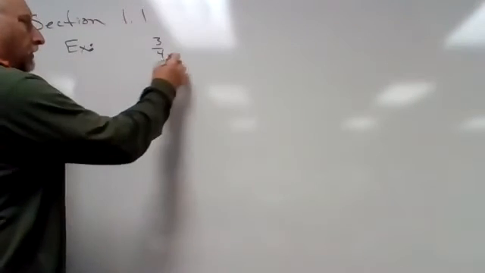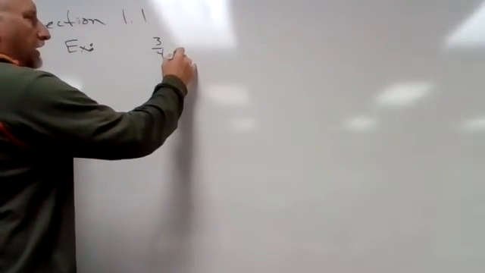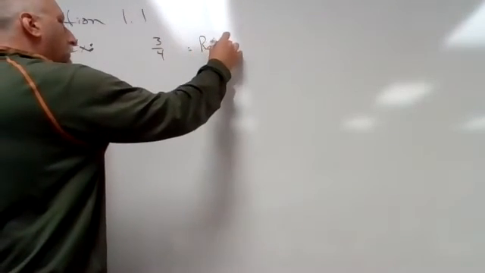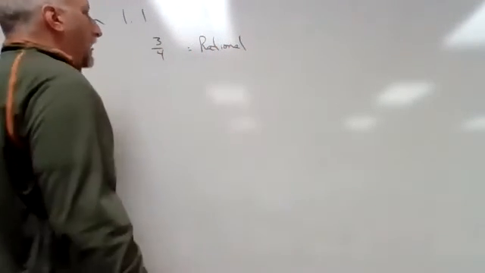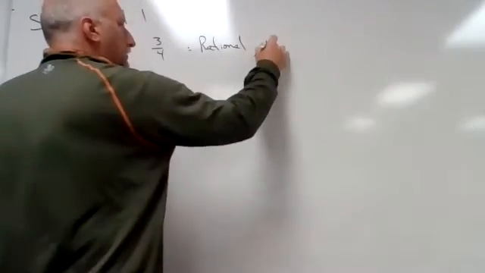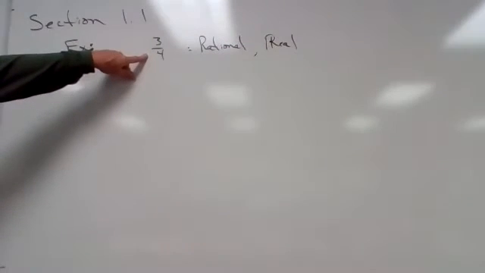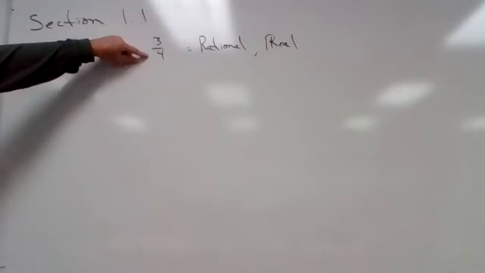What kind of number is that? Well, you're going to go back to your list and you go, oh, that's a fraction, right? And that's 0.75. So this is a rational number. And if it's rational, it's also a real number. Is 3/4 an integer? Well, no, because it's a fraction.